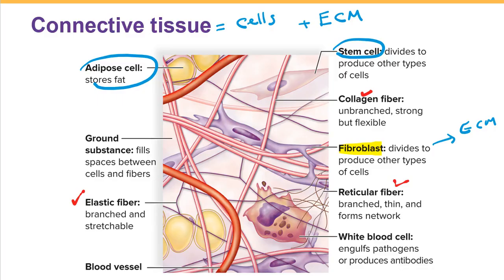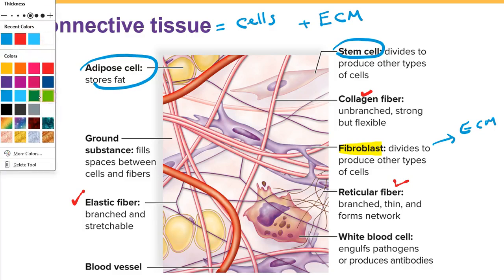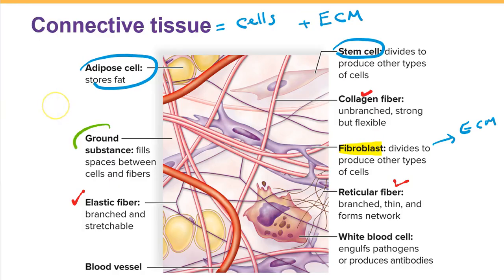We can also find ground substance. The ground substance is the non-cellular part of the connective tissue. It fills the spaces between cells and between fibers, so it can be different in different types of connective tissue.